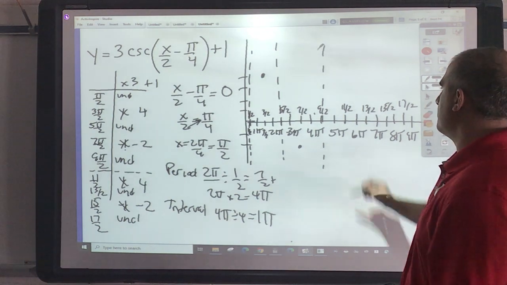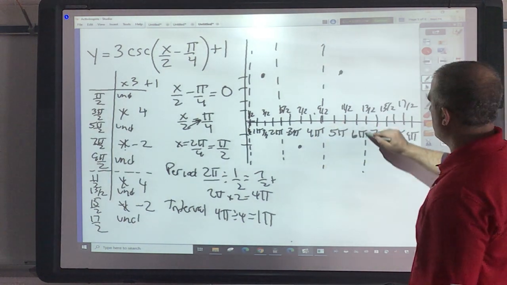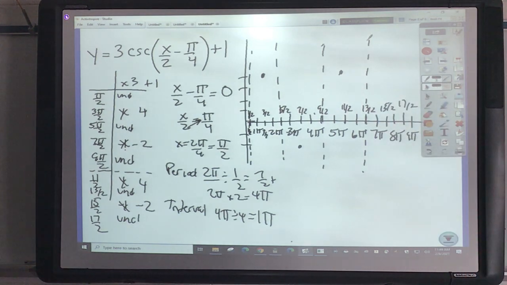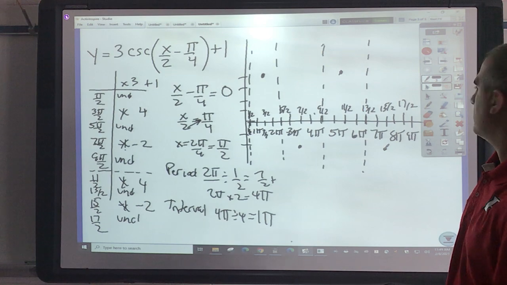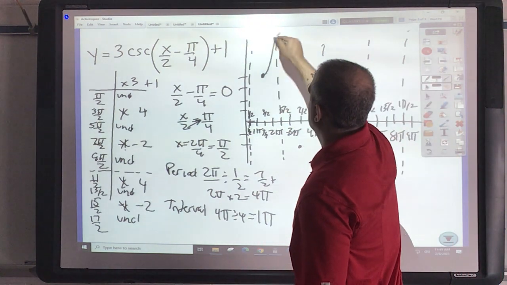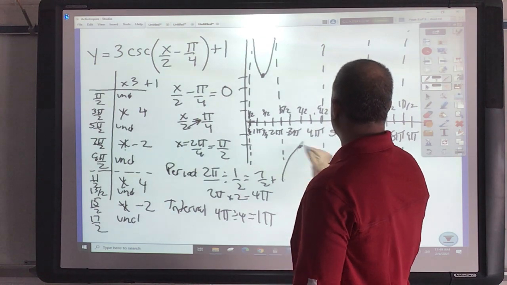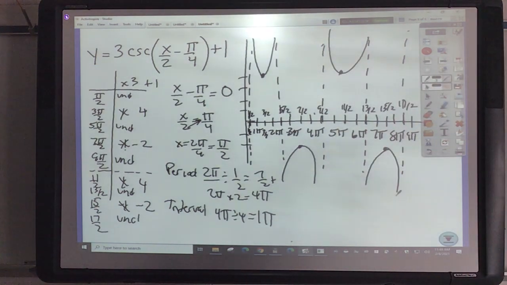At 11 halves, I'm up at 4. At 13 halves, I'm undefined. At 15 halves, I'm at negative 2. At 17 halves, I'm undefined. Okay, and that's how you do it.